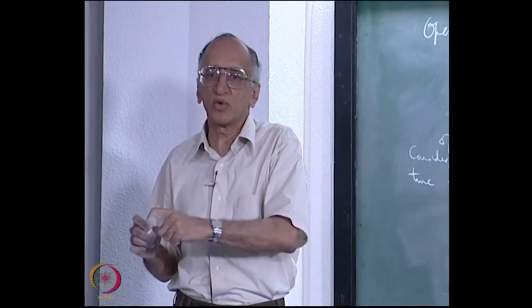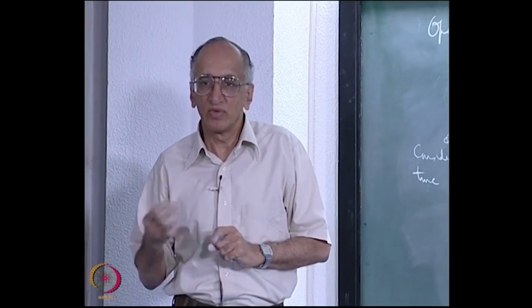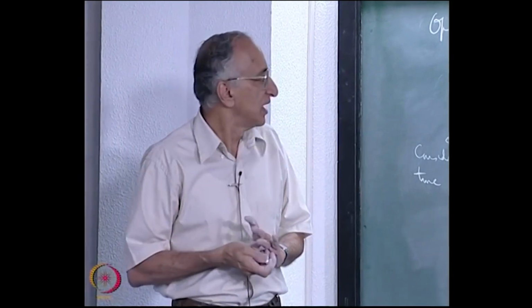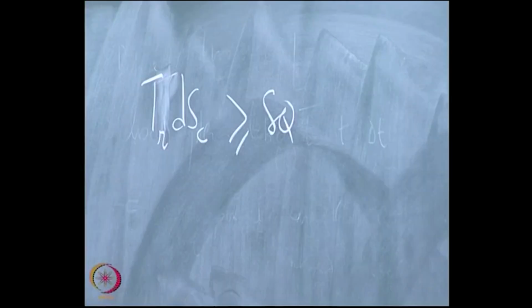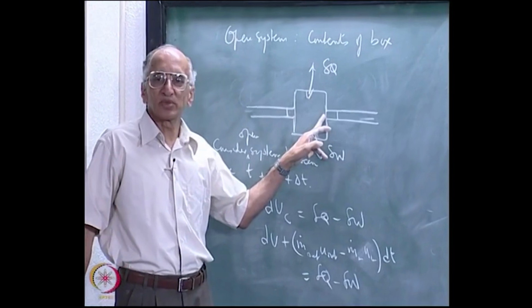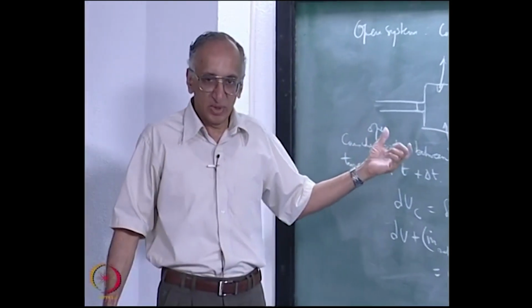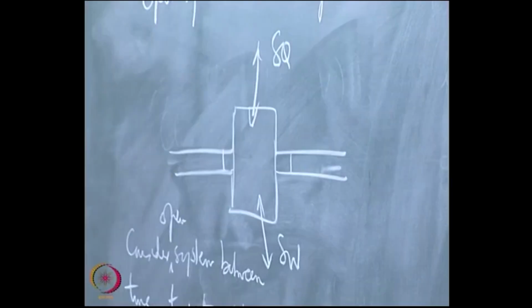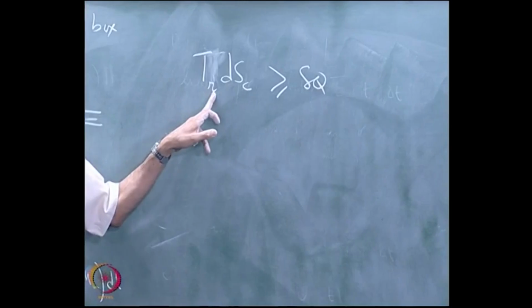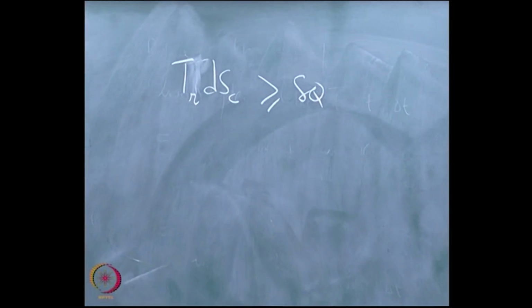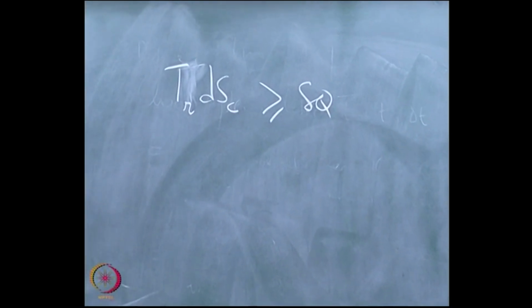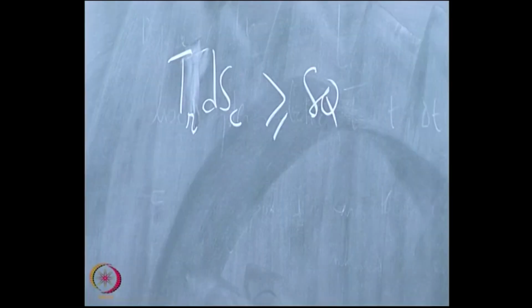We replace T reservoir by T when we wrote the law as a limiting case. If I have an open system, I must allow for the fact that the temperature here can be different from the temperature here. I may be talking of a heat exchanger where typically the fluid comes in at one temperature, goes out at another temperature. So every time I have to take the reservoir temperature as the temperature relating to the stream, the point at which I am doing this calculation in an open system.